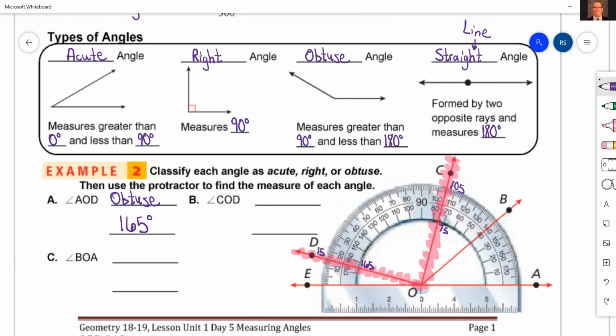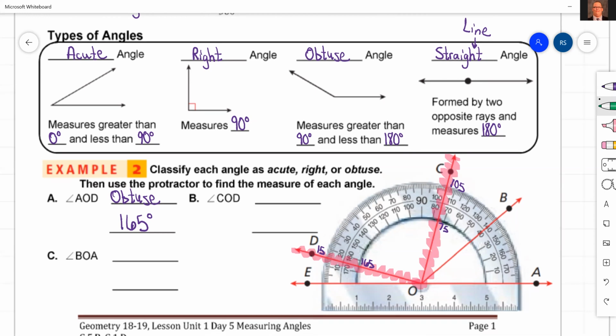But you can't cross numbers. And what I mean by cross numbers is if we use the inside numbers, so if we say, oh, we're going to use 165, then you've got to use the inside number over here to subtract from it.